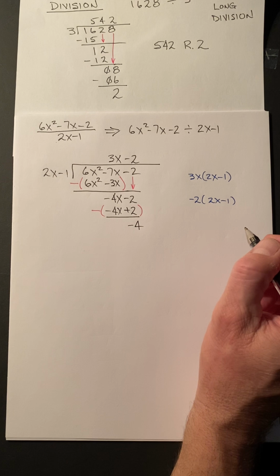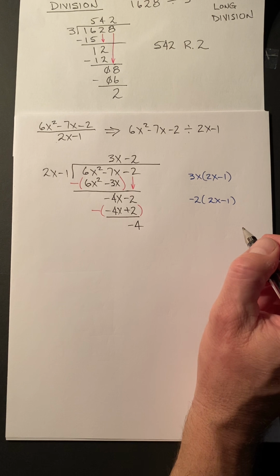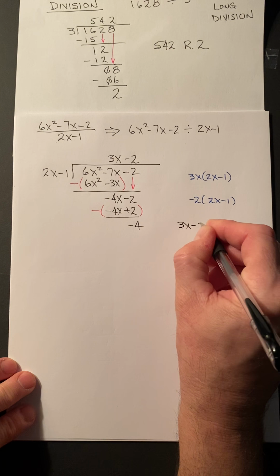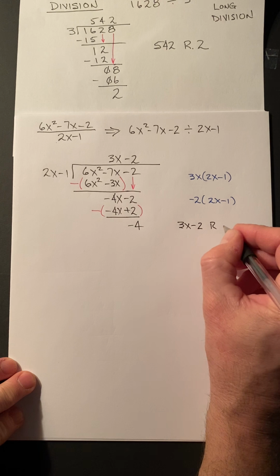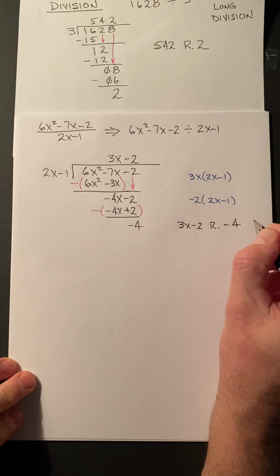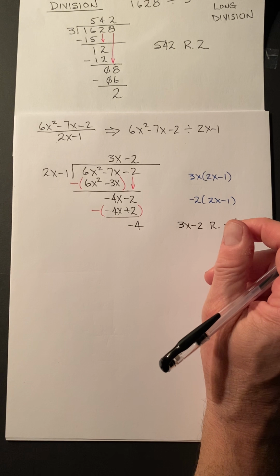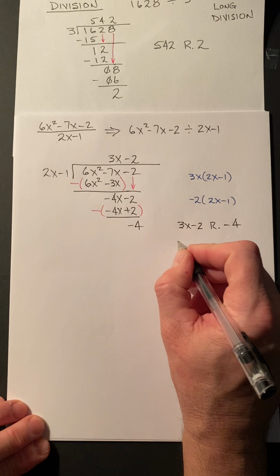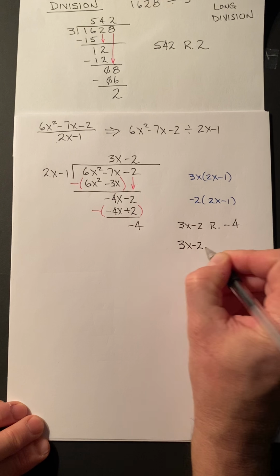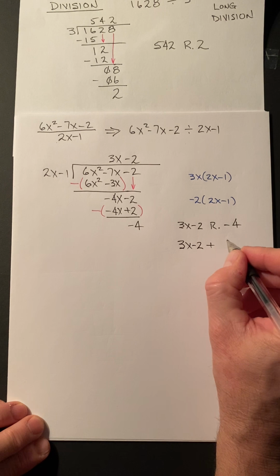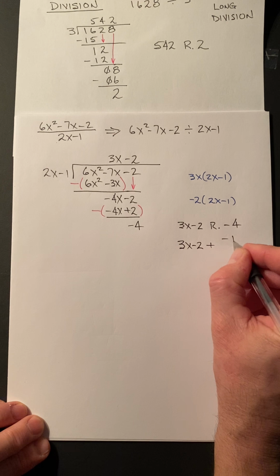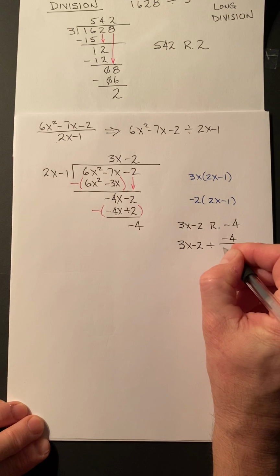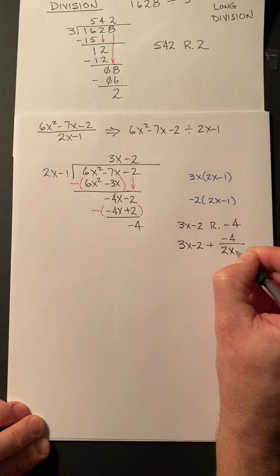And when I look at this, I now say that my answer is 3x minus 2 with a remainder of minus 4. Now there's a different way of writing this, what we're doing with polynomials. We want to say it's 3x minus 2 plus my remainder, minus 4, over what I am dividing in, okay?